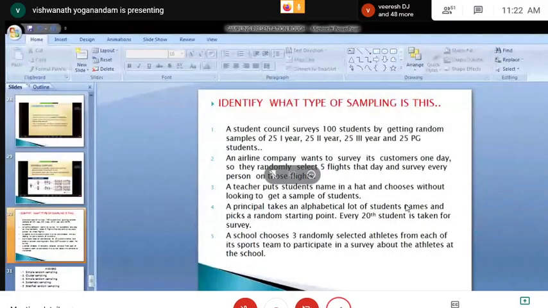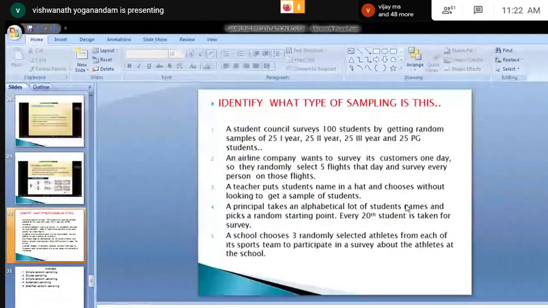Let me ask the first question. The student council surveys 100 students by getting random samples of 25 first year, 25 second year, 25 third year, and 25 PG students. What would this sampling method be?